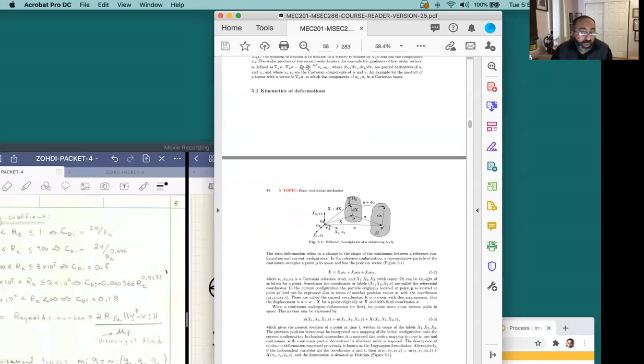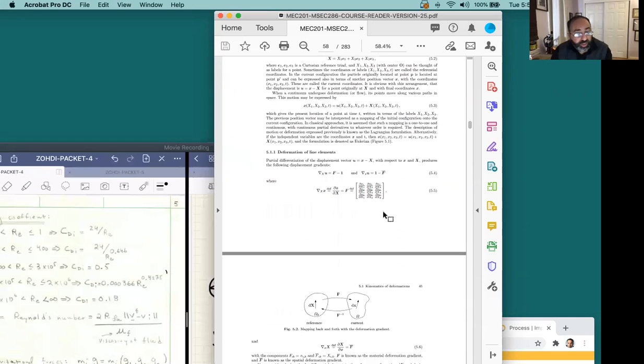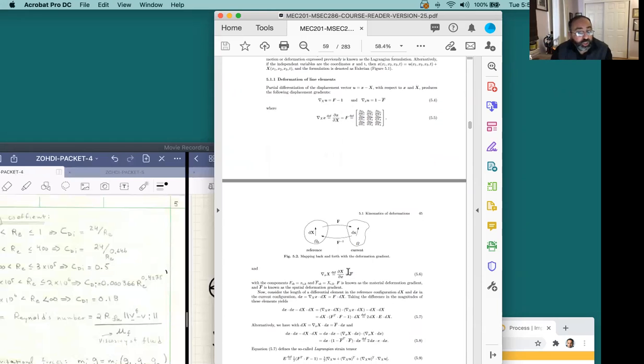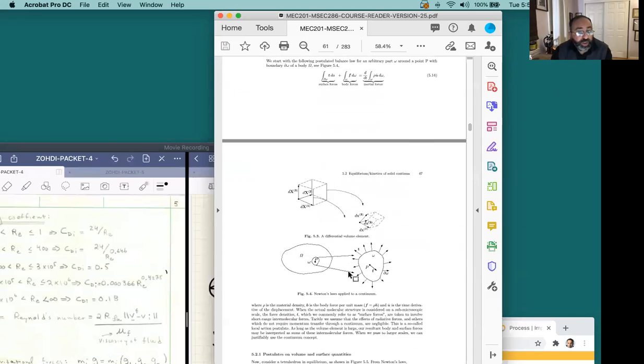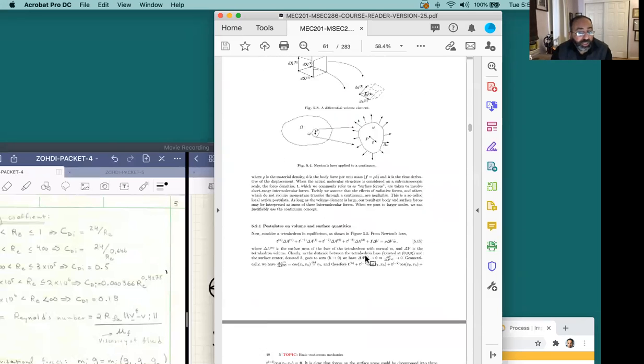Basically, we're going to take a blob of material and do a careful analysis of how things stretch, how things strain, how they fracture, how they deform as a function of the loads that are acting on the body, and also as a function of how hot the object is at the same time.